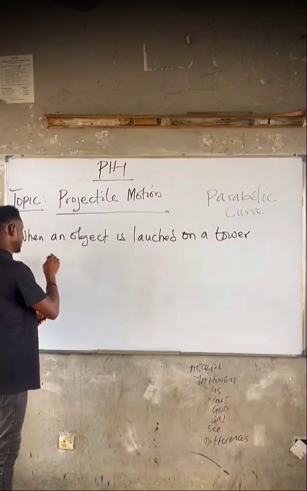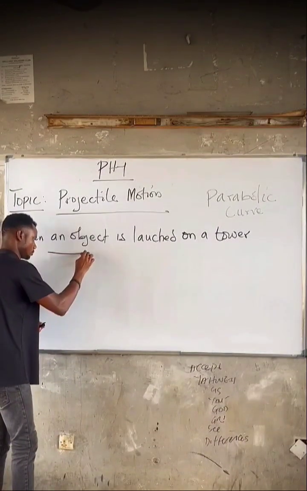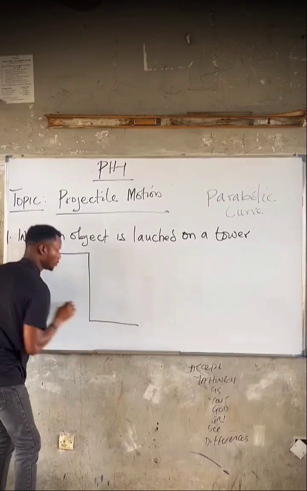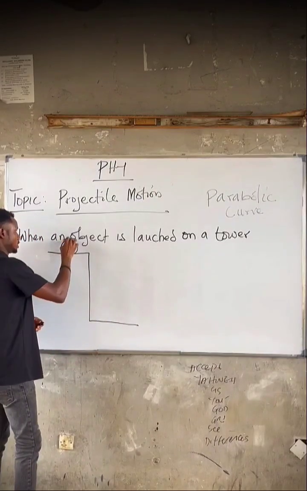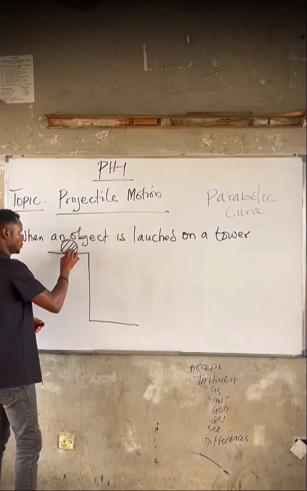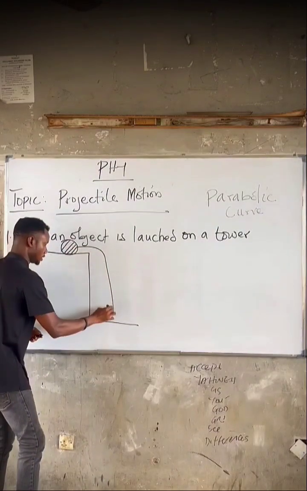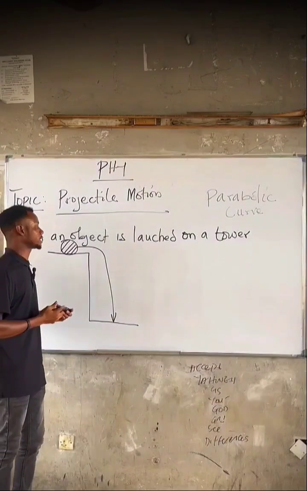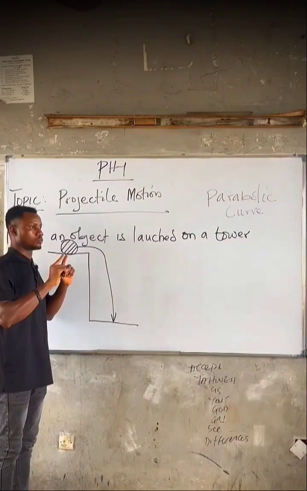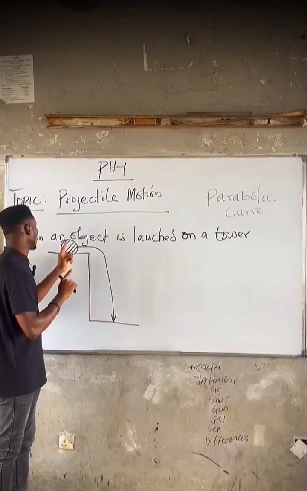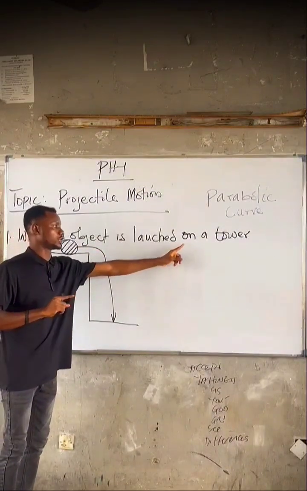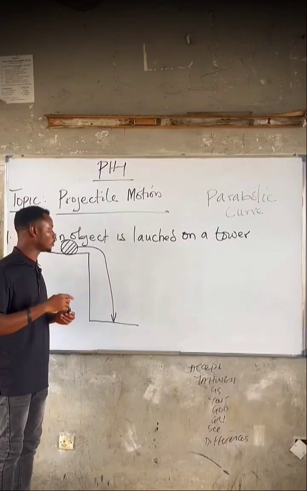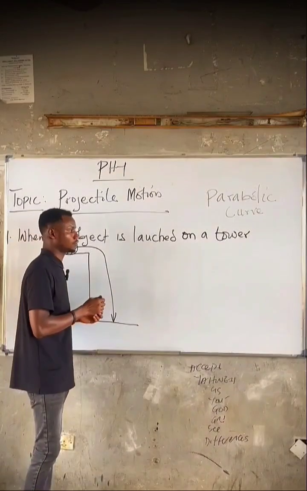If I have something like this, if this is the object here, and this object is moving here, what are the formulas relating to projectile motion when an object is launched on a tower?